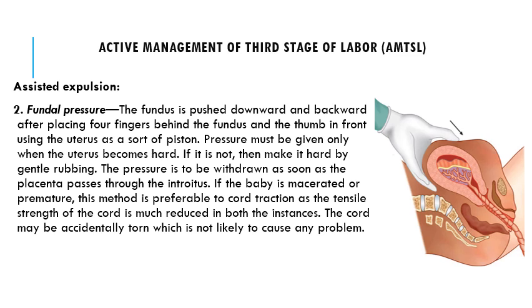The pressure is to be withdrawn as soon as the placenta passes through the introitus. This method is preferable to cord traction when the baby is macerated or premature, because in such cases the tensile strength of the cord is much reduced and it may be accidentally torn, which is not likely to cause any problem.